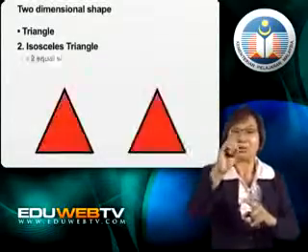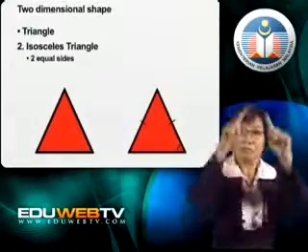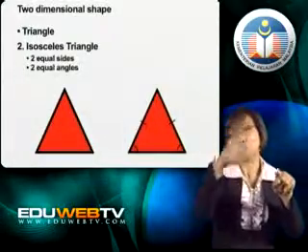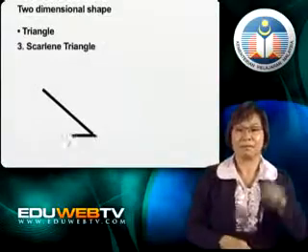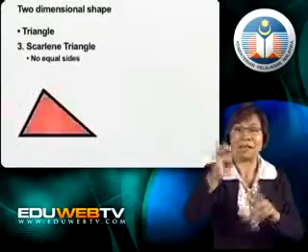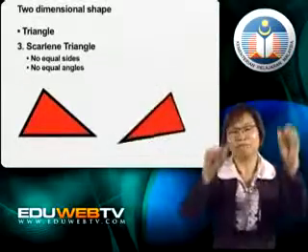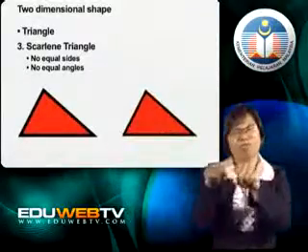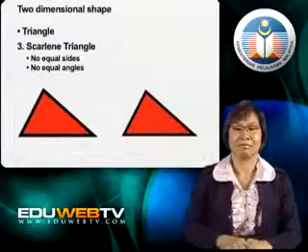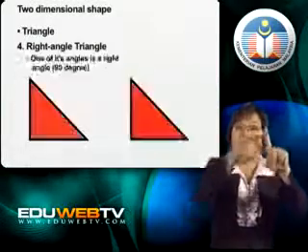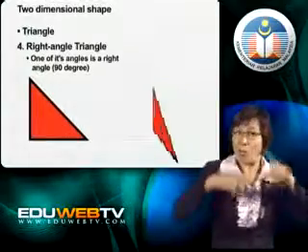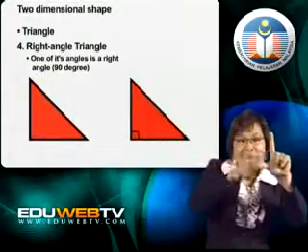The triangle has 2 equal sides and 2 equal angles. 3. A scalene triangle has no equal sides and no equal angle. 4. Right-angled triangle. This triangle has one right angle which is 90 degrees.